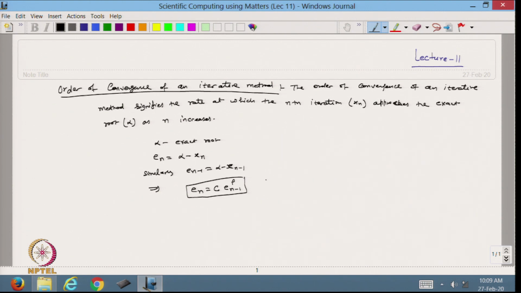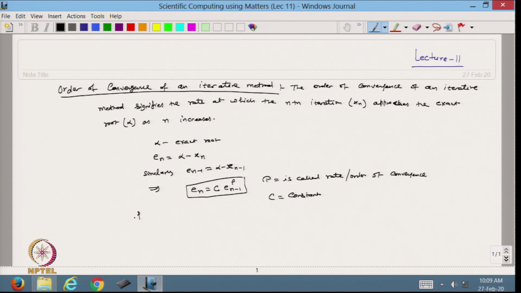In this case p is called the rate or order of convergence, and c is a constant that we can find from the various methods.